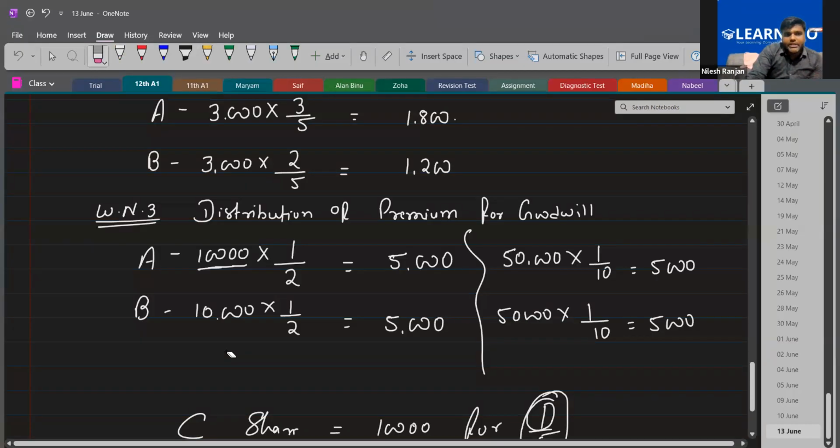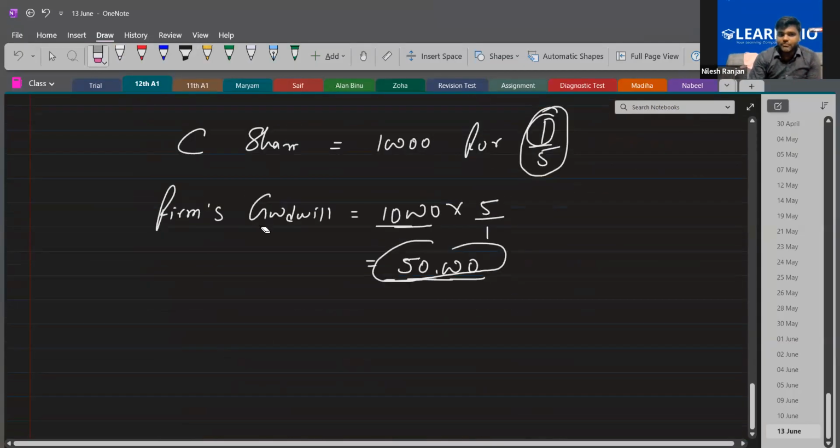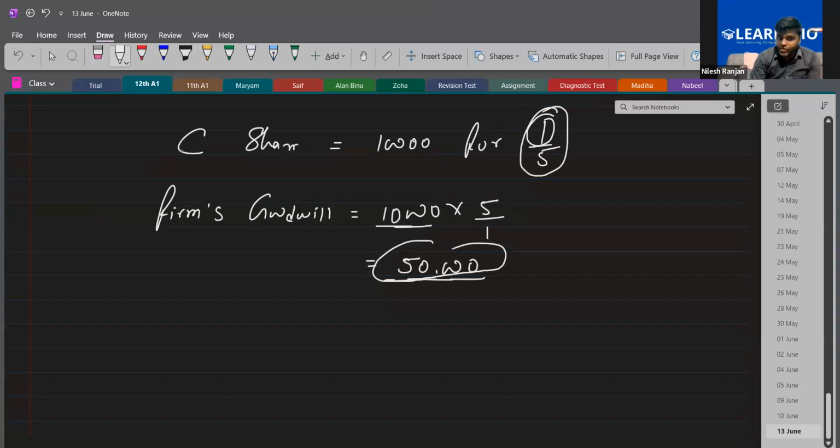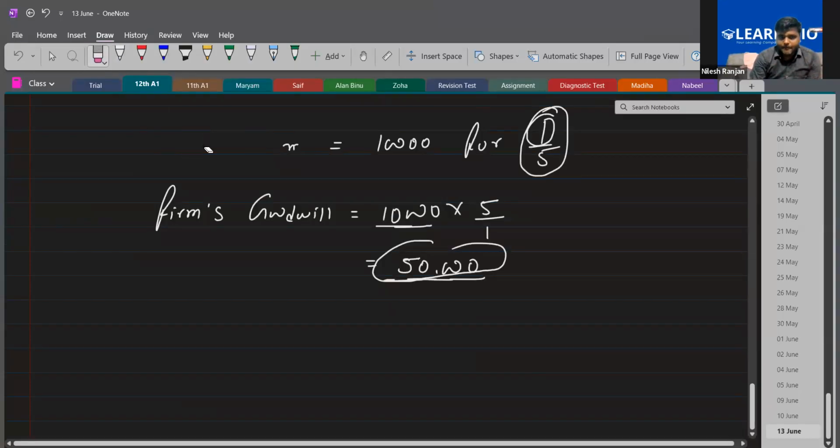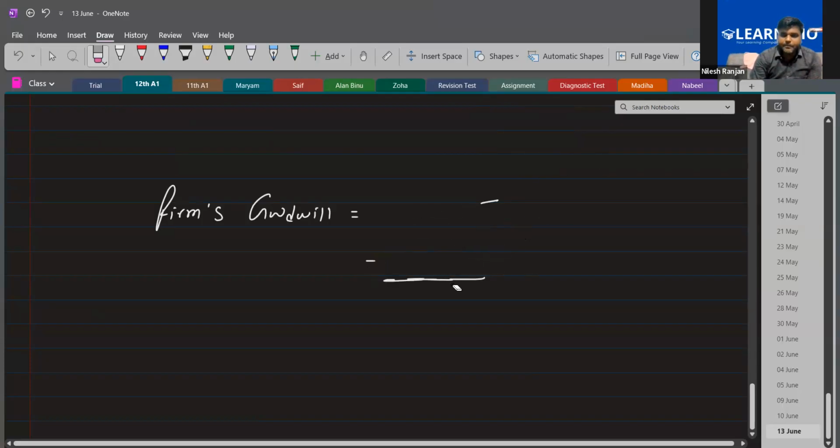Can anyone repeat which share we have to use when? I'm asking again. Let's say we have the partner share given in the question.